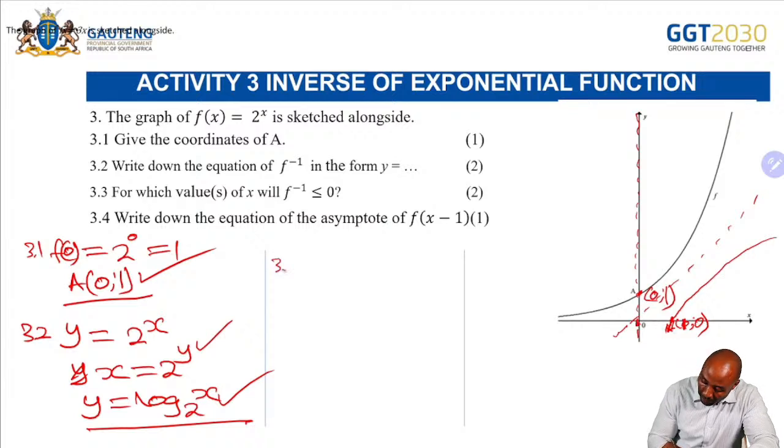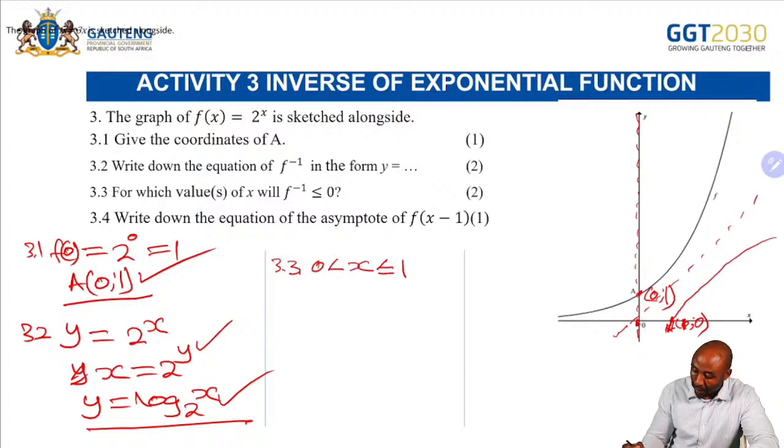So the answer for 3.3, we can write it as 0 less than x less than or equal to 1. Or remember, if you check, our graph is less than 1. Can you see our y values there?